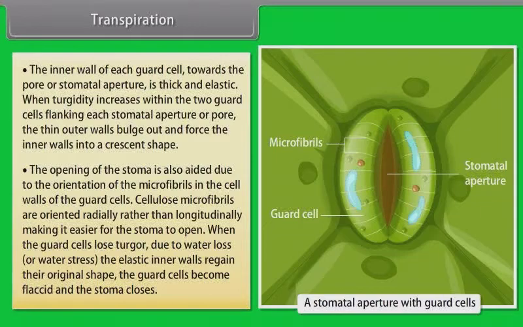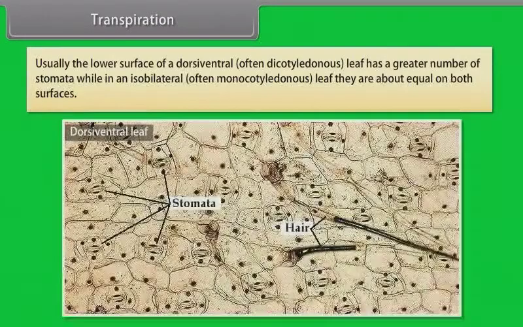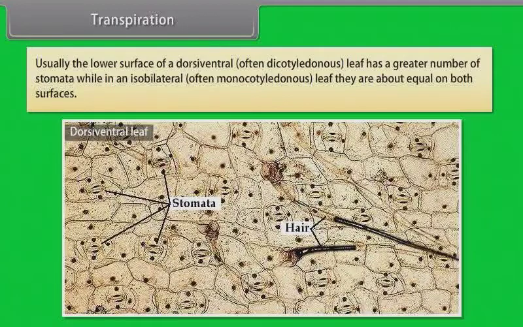The guard cells become flaccid and the stoma closes. Usually the lower surface of a dorsiventral, or often dicotyledonous, leaf has a greater number of stomata, while in an isobilateral, or often monocotyledonous, leaf, they are about equal on both surfaces.